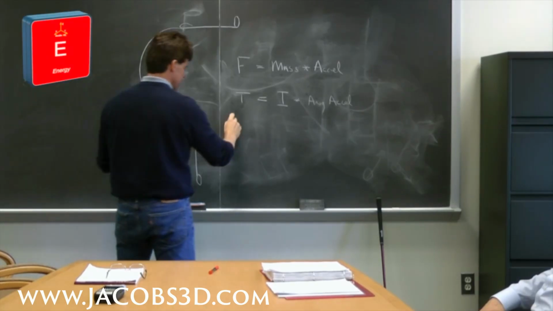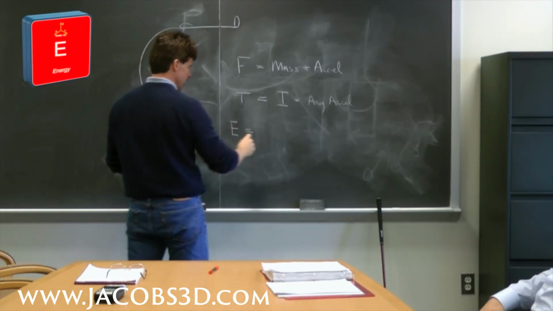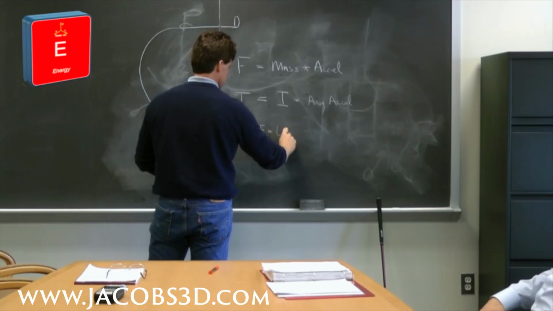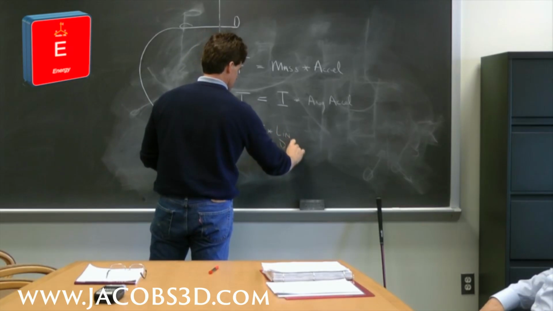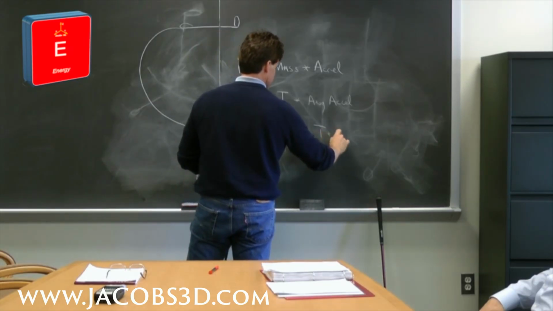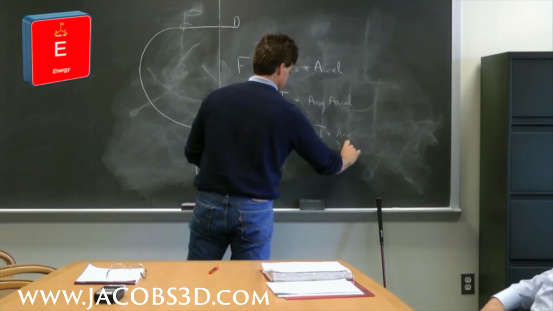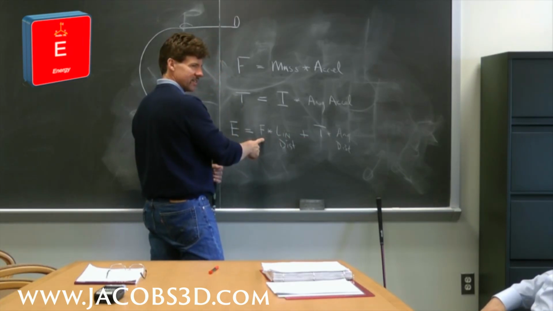So your energy is equal to a combination of the force times the linear distance plus the torques times the angular distance. And each one of these has 3 parts to it.